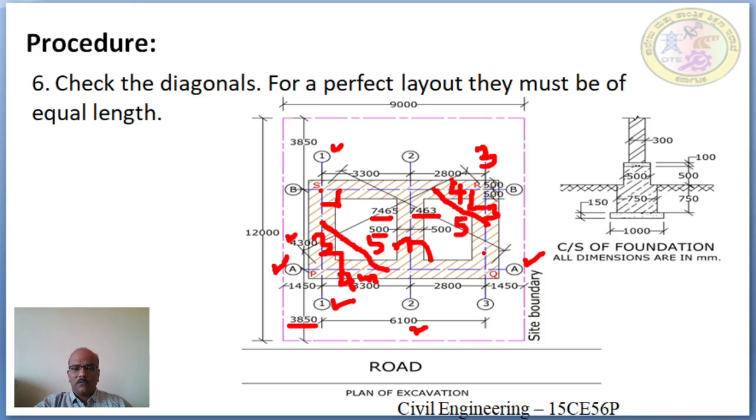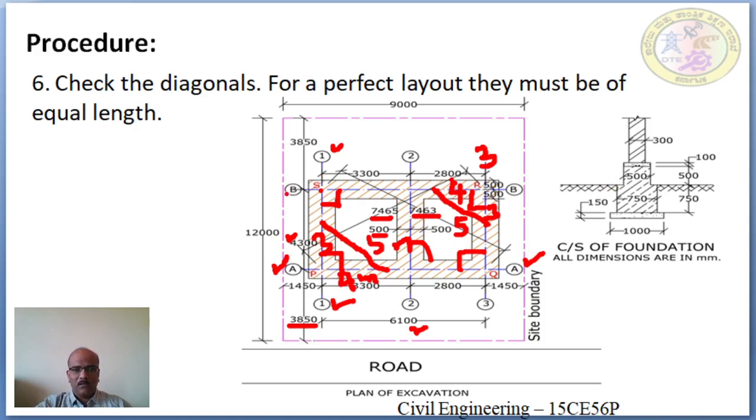When all these corners are established, say points P, Q, R, S, and all corners are at right angle, then finally the diagonal is measured.